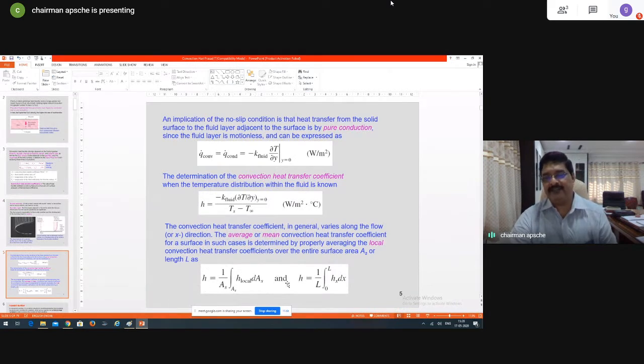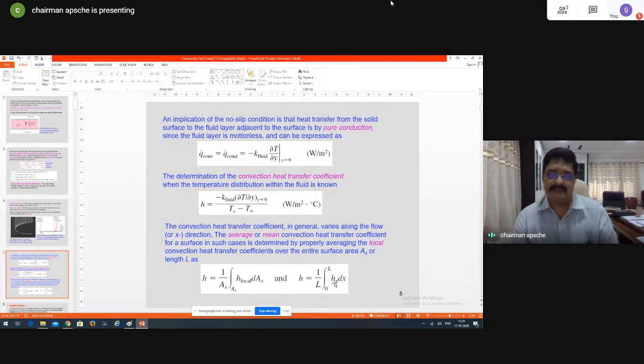Normally, the average heat transfer coefficient is given by 1 by L times the integral of hx, the local heat transfer coefficient, between the limits 0 and L, right from the leading edge to the trailing edge. You integrate, meaning you sum up all the local heat transfer coefficients and divide overall by L. Or if you are doing a surface integration, h local into dA_s, with area ranging from A equal to 0 to A equal to A_s, and 1 by A_s.